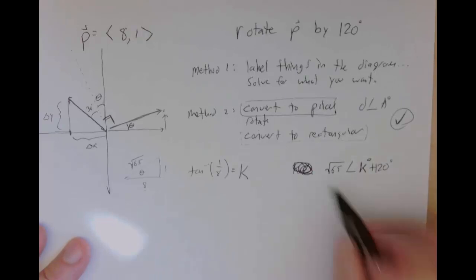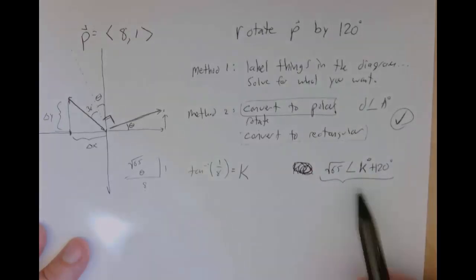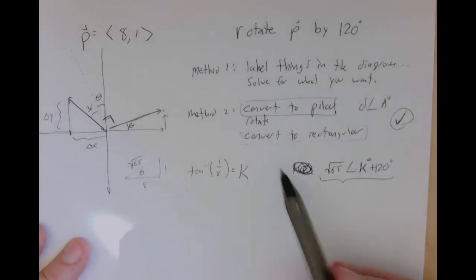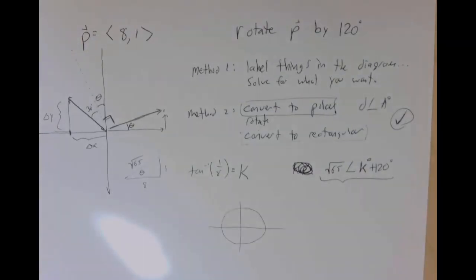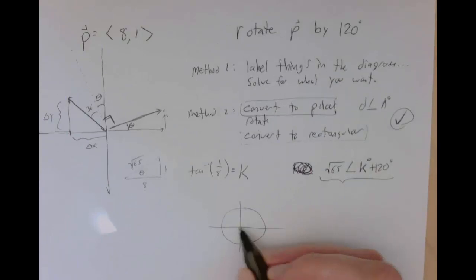Great. So now how do you convert back into rectangular? You've got some angle, k plus 120. So where is that? 120 is about there. So k plus 120 would be who knows where, somewhere over here.